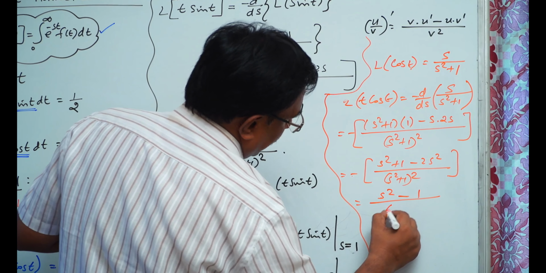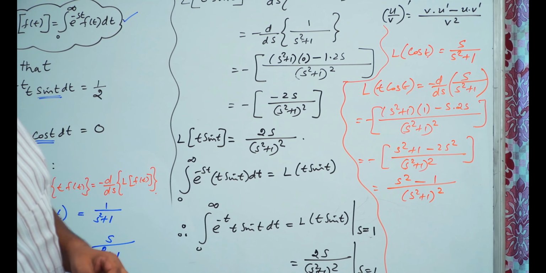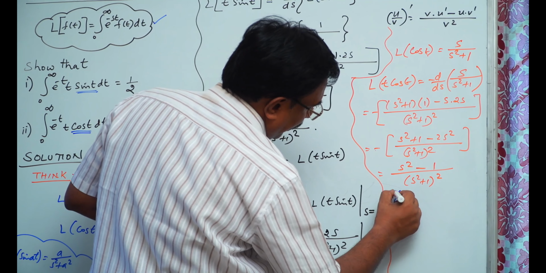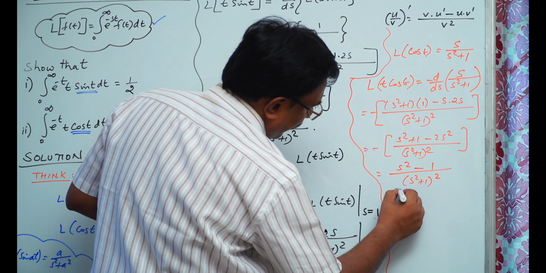Now for the integral from 0 to infinity of e power minus t cos t dt, it is equal to Laplace of t cos t where s is equal to 1, as we studied in the previous one.